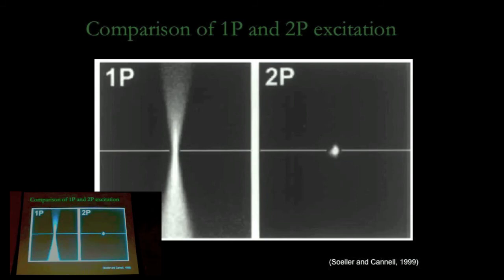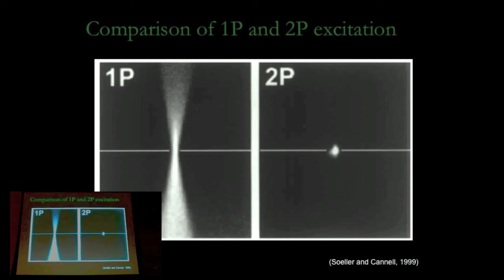So here, what we're looking at is a cross-section of a fluor. It's probably fluorescein in a cuvette. And here they're illuminated with the same objective. And this is single photon illumination, so you're seeing the light coming down to focus, but you're also getting the out of focus cone of light from the objective and above the objective.